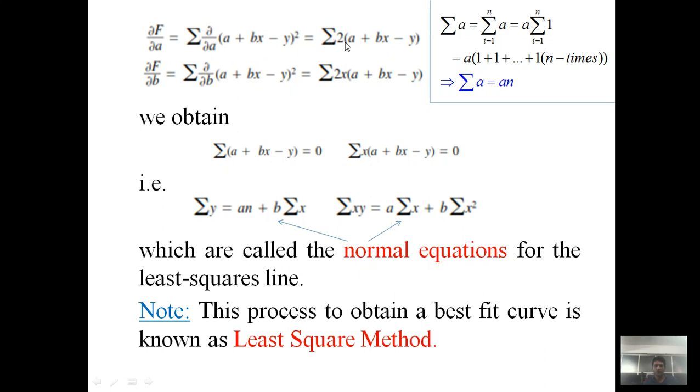So it is the sum of 2 times (a plus bx minus y). The partial derivative of a with respect to a is 1, so into 1, there is no need to write it down.